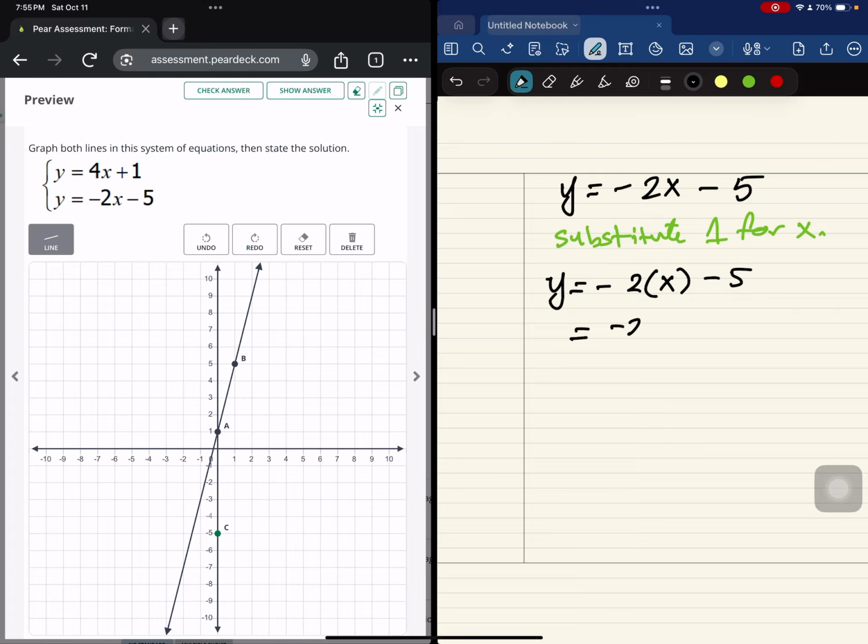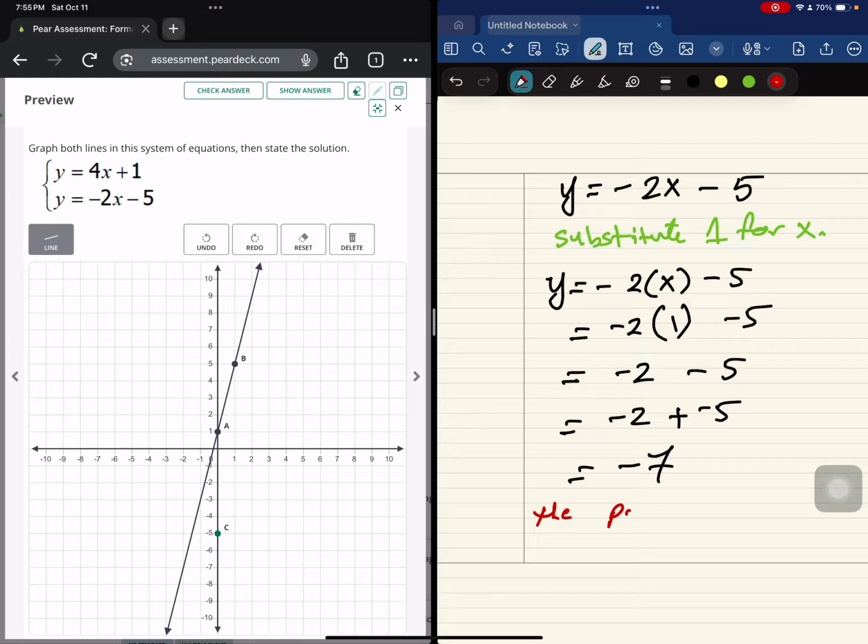We substitute now 1 for x: -2 multiplied by 1 equal -2, minus 5. This is equal to -2 plus -5 equal -7.